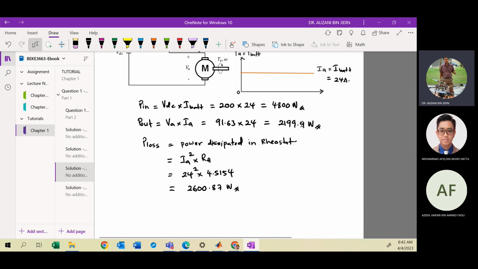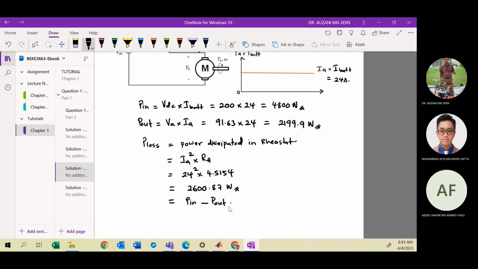Actually, you can check your calculation here. You can apply another equation, where the P loss is also the difference between P in and P out, the input power subtracted by the P out. This is just to double check your calculation.